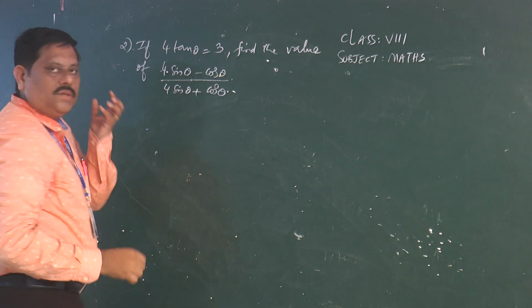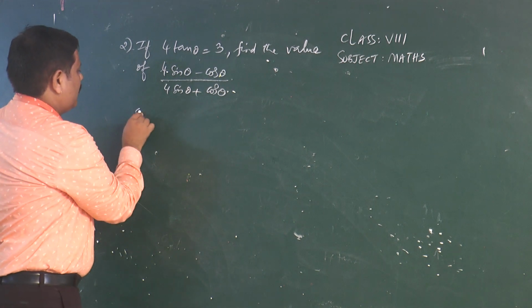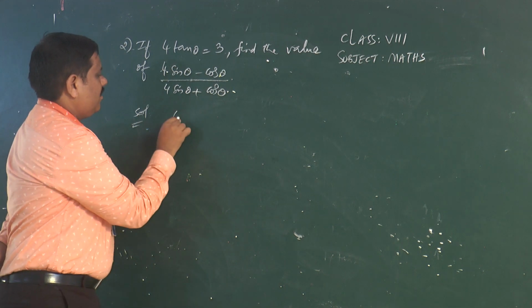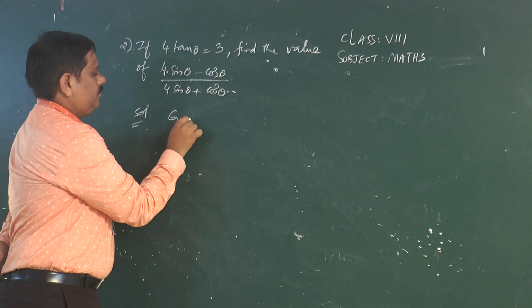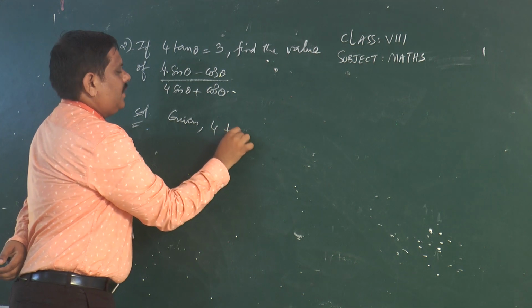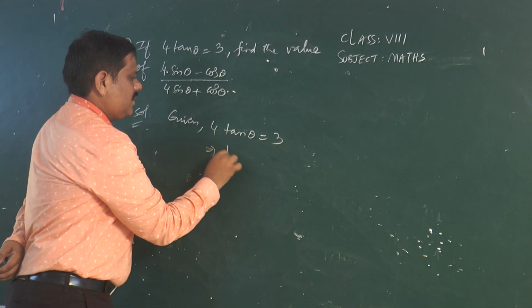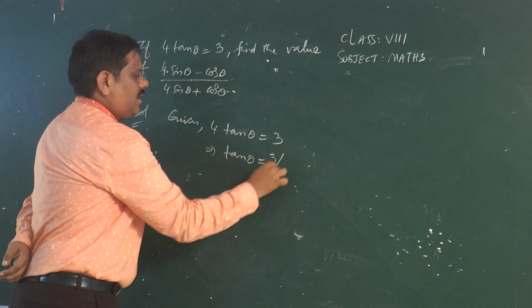This is the problem we are asked to do. Fine. Solution, let us start. What is given for us? We are given that 4 tan theta is equal to 3, otherwise tan theta is 3 upon 4.